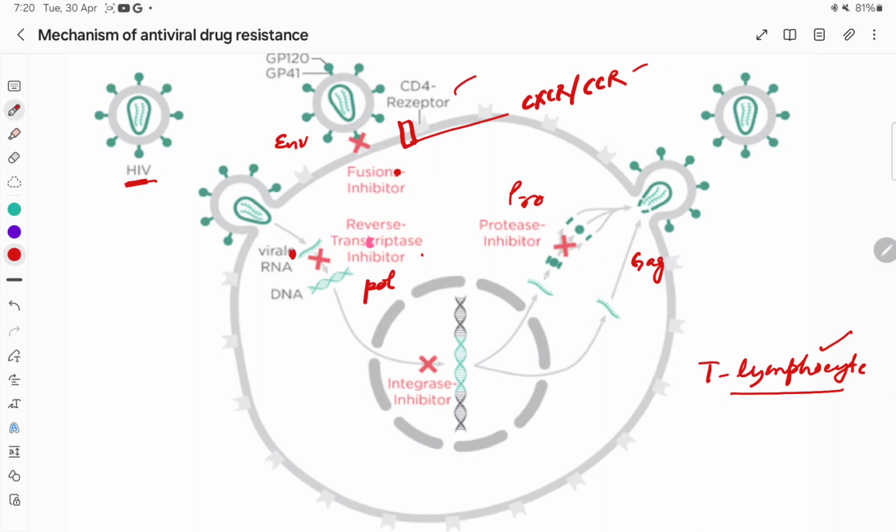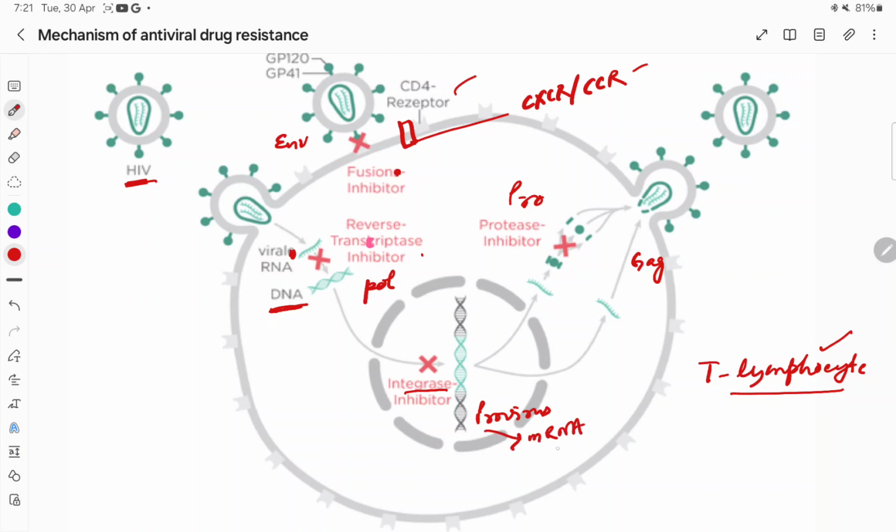Then this viral DNA enters into the T lymphocyte nucleus, where by the action of integrase there will be integration of the viral DNA and the host cell DNA, and now we call it the provirus, and from this there will be transcription and mRNA synthesis.